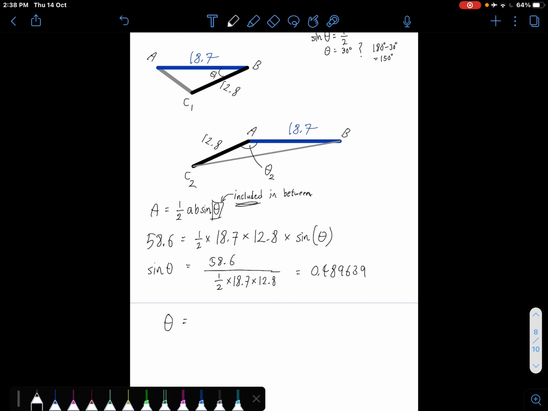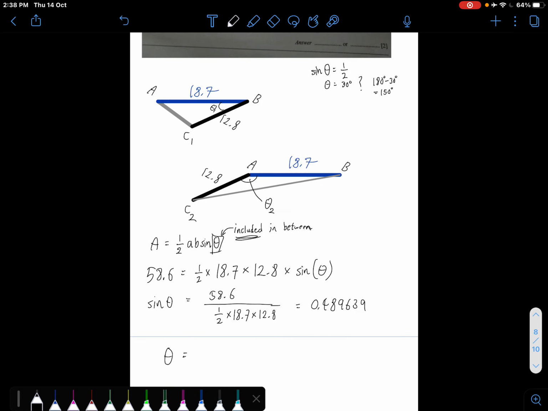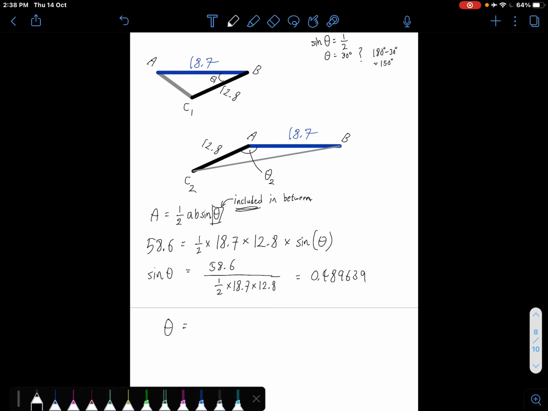Okay, good. Solving for theta. Now in this case, did they specify the units? They didn't specify whether they want degrees or radians, so just use degrees, I think that's easier. So just take the sine inverse of that answer. And what do we get? We get a basic angle, if you did A Math, you'll know this, 29.3168 degrees.